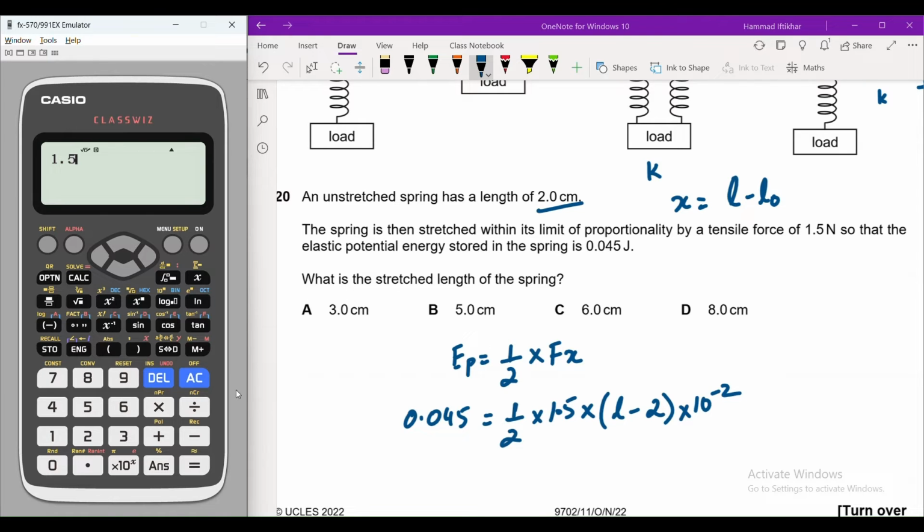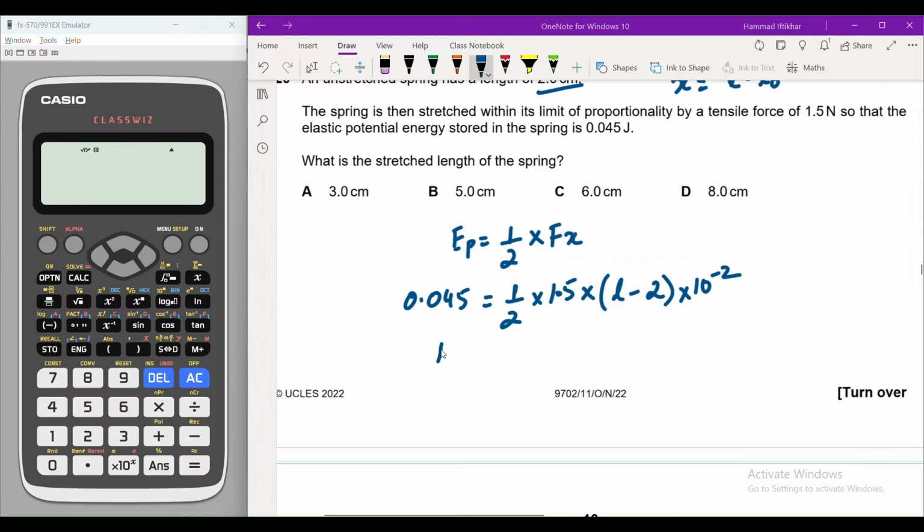So let's find out what L minus 2 is. 2 times 0.045 divided by 1.5 times 100.